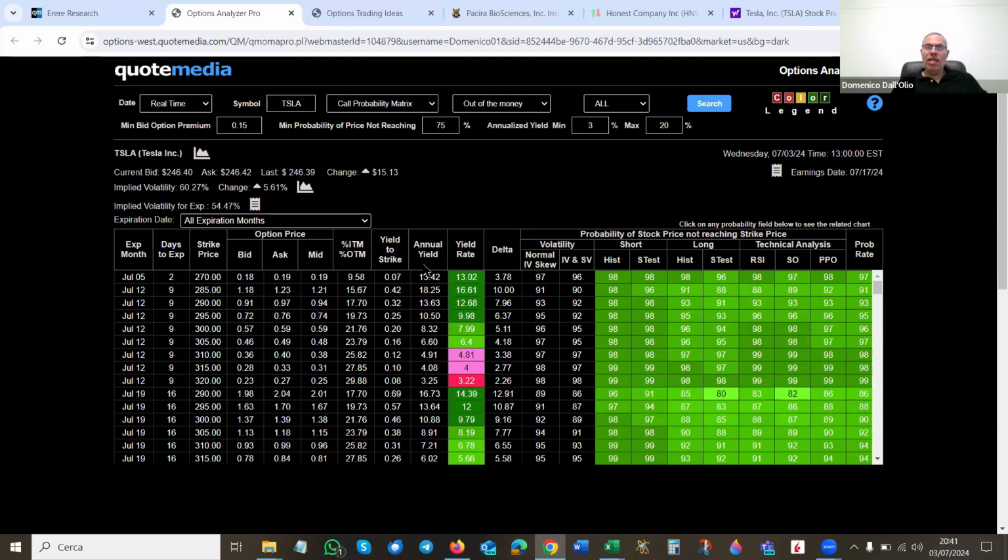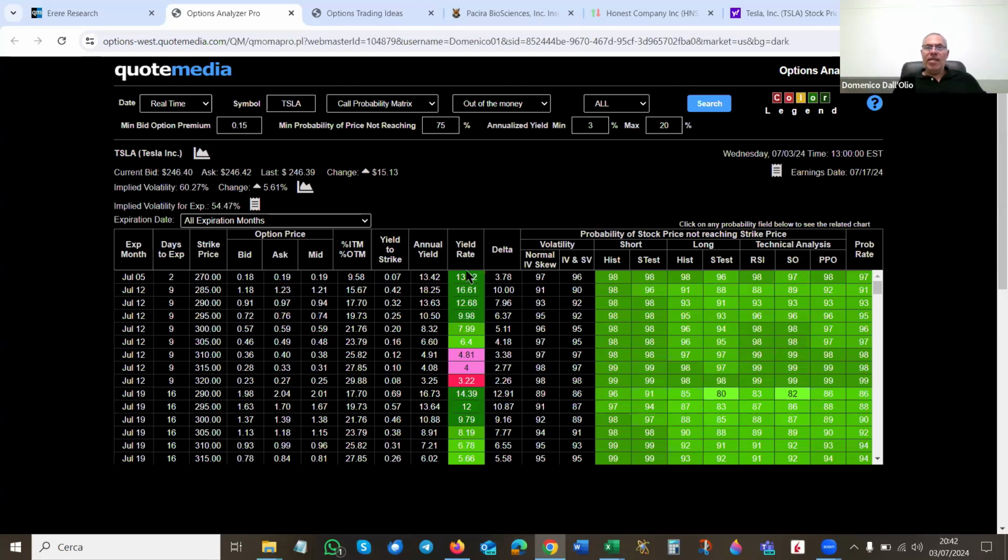Okay, what is the annual yield? Because even if you are collecting only 7 cents of a dollar per share, if you calculate 0.07 divided by 0.90, this is the yield to strike. If you calculate 0.19 divided by 1070, times 365 days divided by 2, it makes a 13.42 annual yield, the annualized yield.